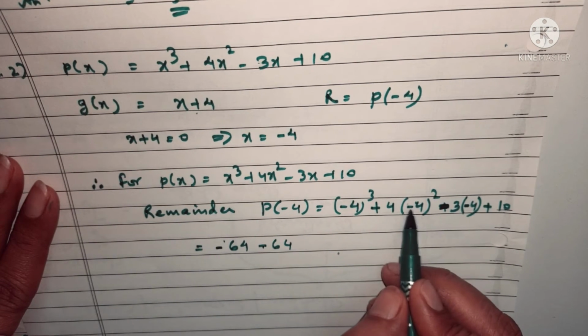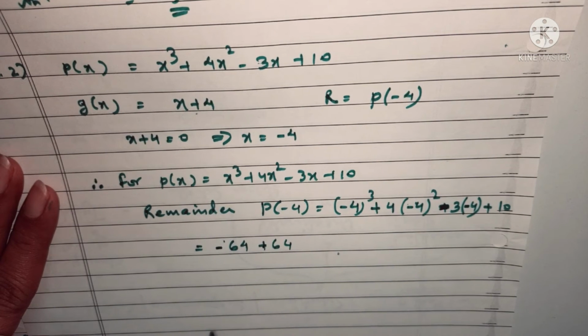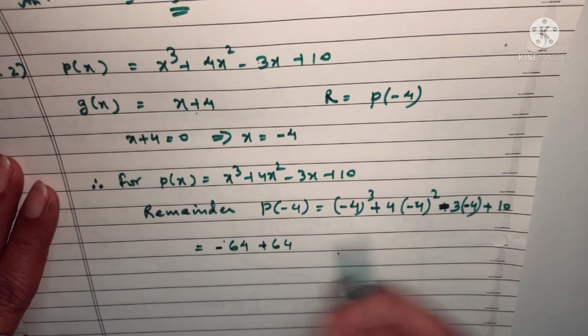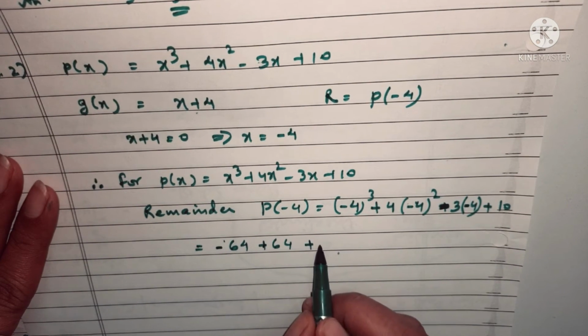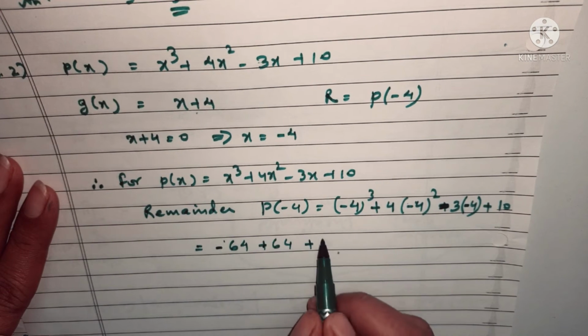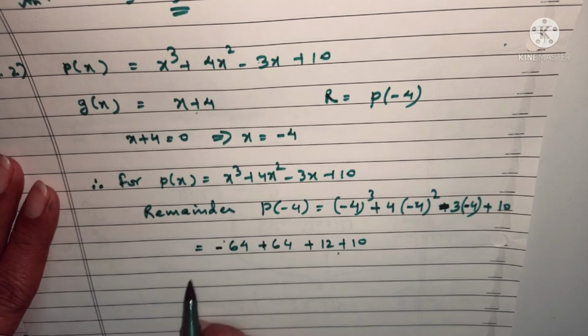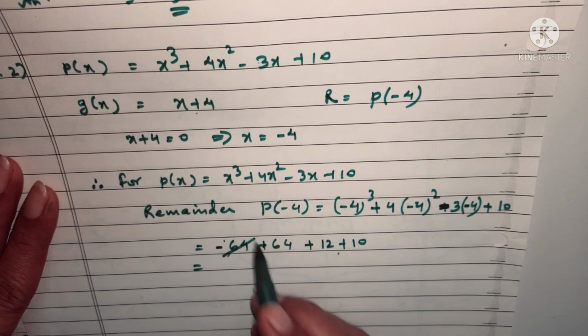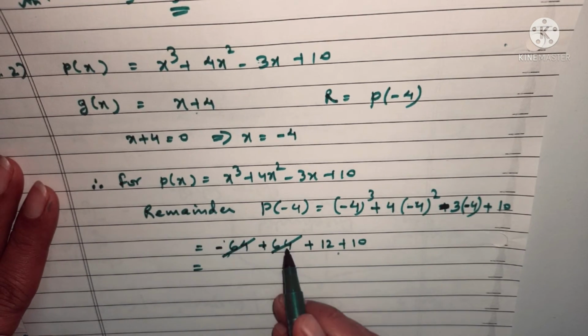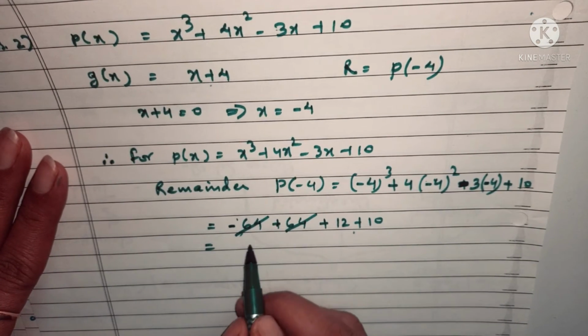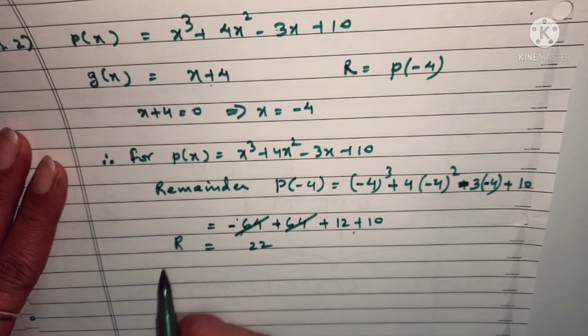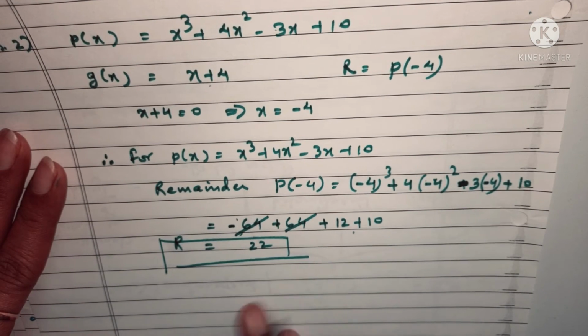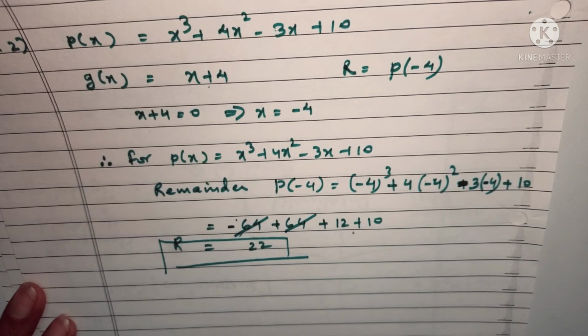Here it is plus because it is a squaring, and here minus into minus is giving you plus. 3 into 4 will give you 12, and plus 10. So how much is it giving you? This will cancel out because of the different sign, and 12 plus 10 is giving you 22. So the value of the remainder you are going to get is 22.